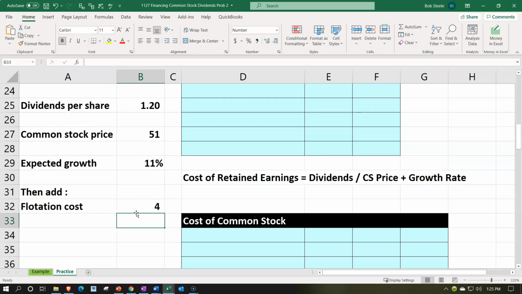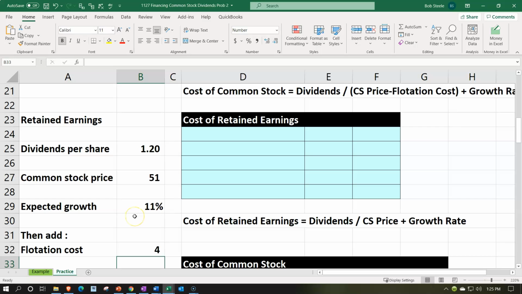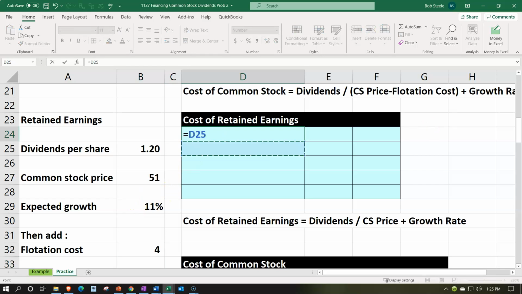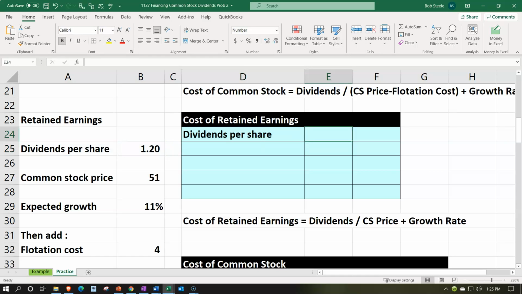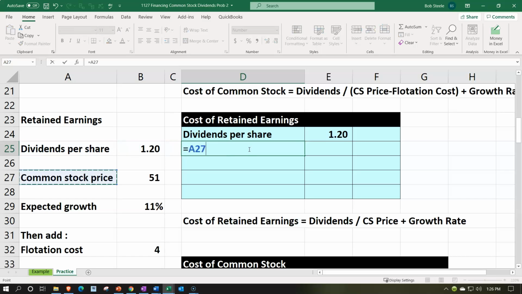Flotation costs $4. So let's calculate this, which we'll call the cost of retained earnings, basically the cost before considering the flotation cost here. So we're going to say, all right, the dividends are going to be here, and we'll calculate the dividends at the 1.2 on the dividends. And let's add a decimal so we can see the 20 cents, number group. There's the 20 cents right there. And then we're going to go to the common stock price.